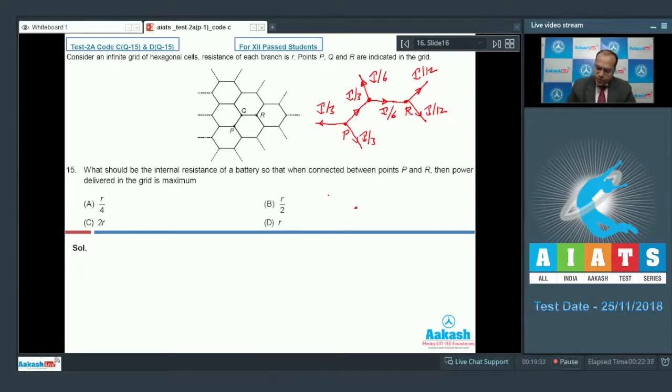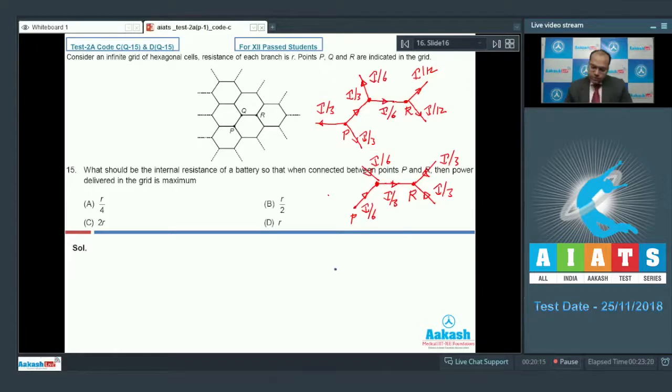Similarly, suppose this is point P, this is point Q, this is point R. If I current gets collected from the infinite circuit to go back to the external source, then I by 3 comes from this way, I by 3 comes from this way, and I by 3 comes from this way. Here at this junction, I by 3 current goes in this way, so I by 6 comes from here and I by 6 comes from here.